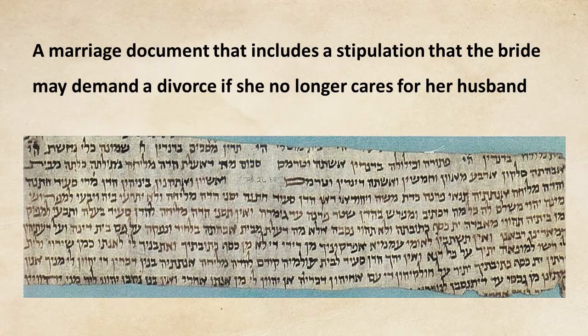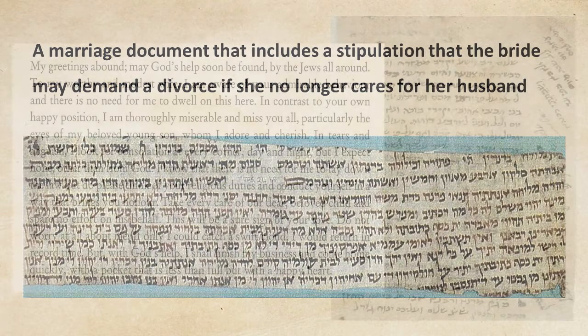I can initiate a divorce, and you have to give it to me, and that's part of the marriage contract. And because you agree to this willingly, then you're obligated. That's not called forced because you signed this yourself, right? So that's very interesting, and I think it would be a good idea in many cases.